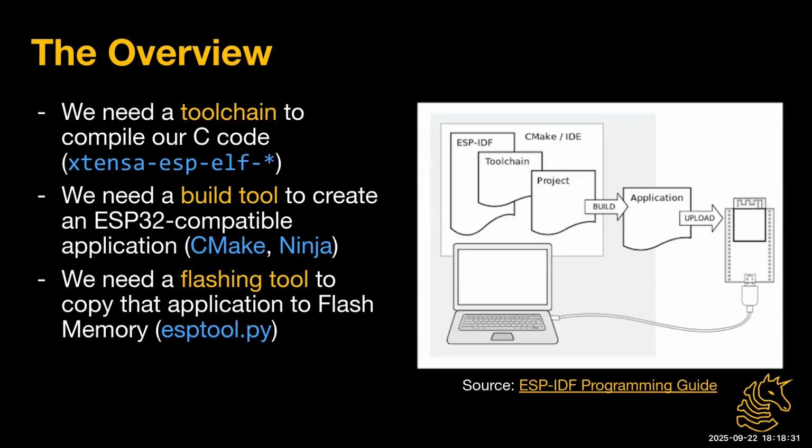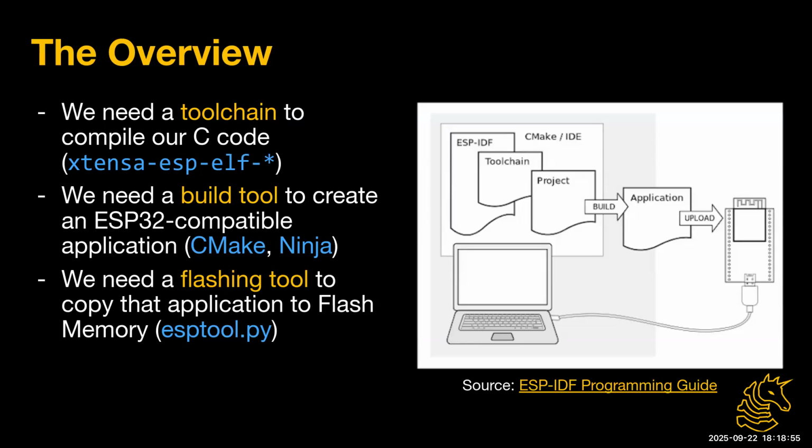This is used everywhere in computer science. If you've used makefiles, that is basically what that is. If you program in Java, there's Apache Maven, stuff like that. We will be using CMake, which is what Espressif's framework uses.